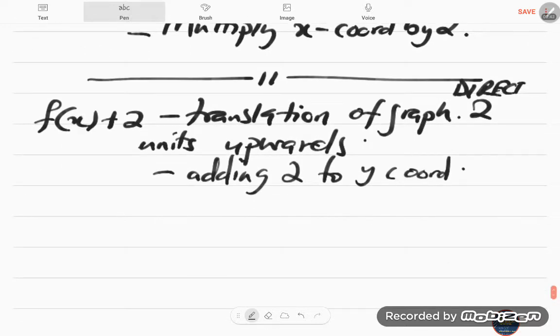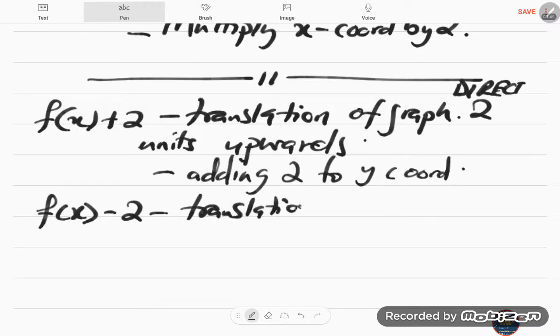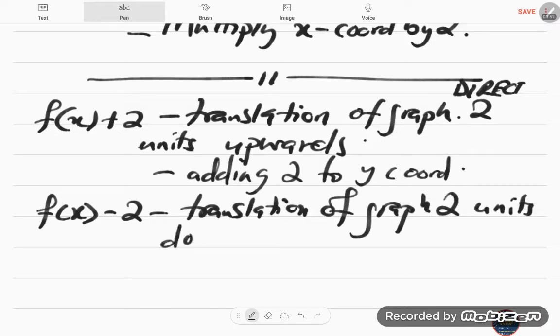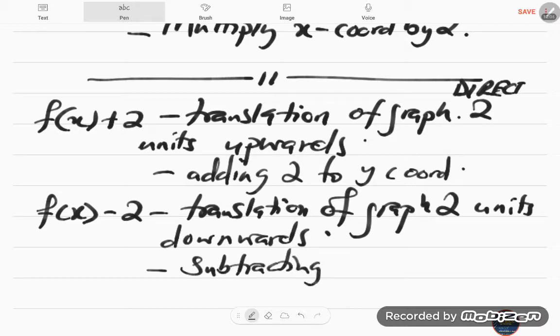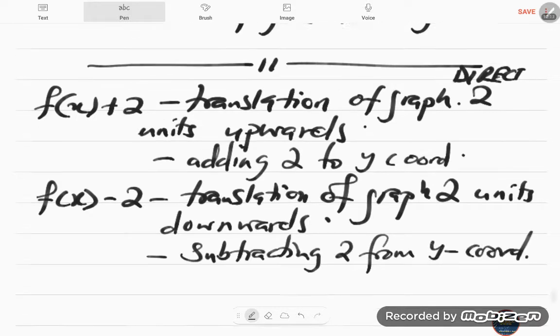Same thing with this one: translation of the graph 2 units downwards. So in actual fact, we are subtracting 2 from the y coordinates.